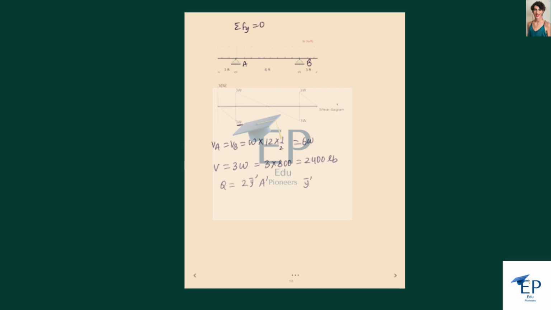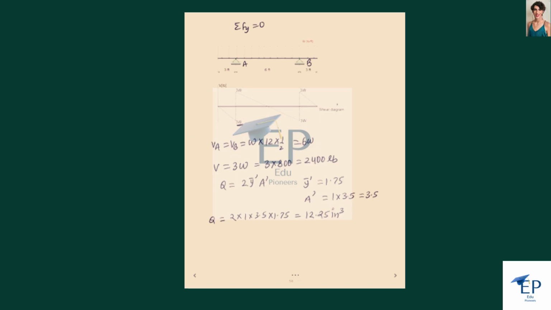So we will get Q equals 2 y bar dash A dash, where y bar dash equals 1.75 and A dash equals 1 multiplied by 3.5, that is 3.5. So the value of Q will be 2 multiplied by 1 multiplied by 3.5 multiplied by 1.75, which equals 12.25 inch cubed.